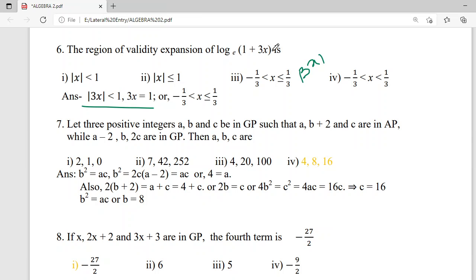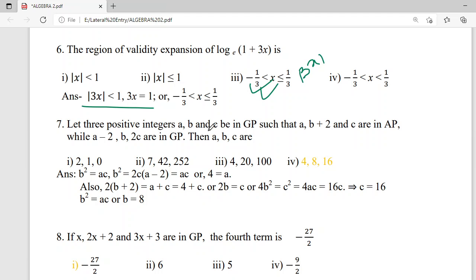Then only this logarithmic series is defined. And this holds also for 3x equal to 1, so x is less than or equal to 1 by 3, and for this end point it is closed. So our answer is this one.